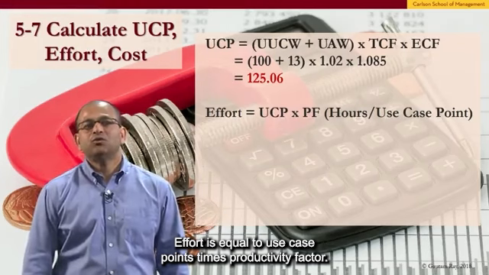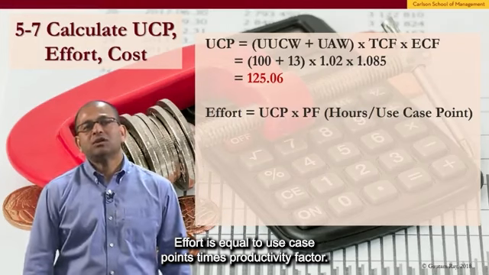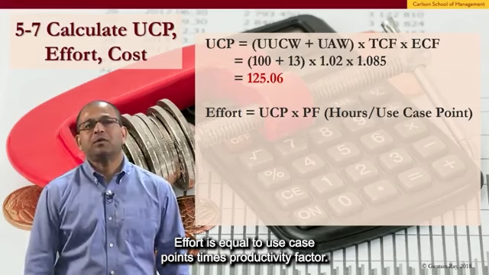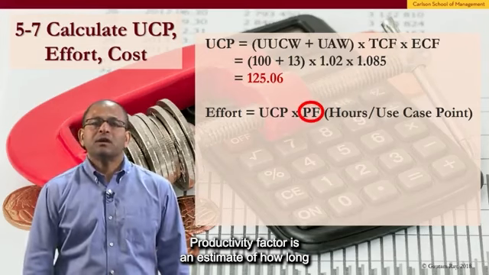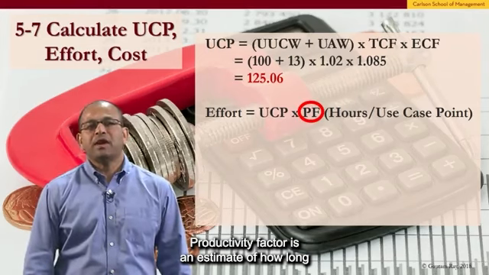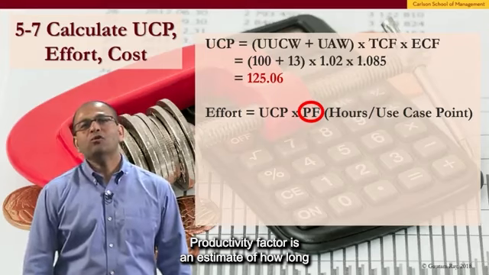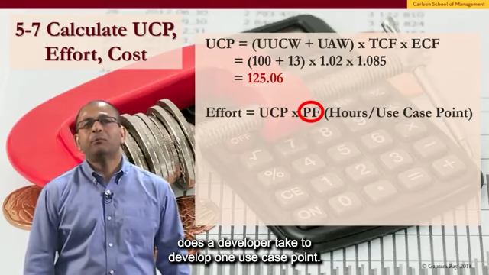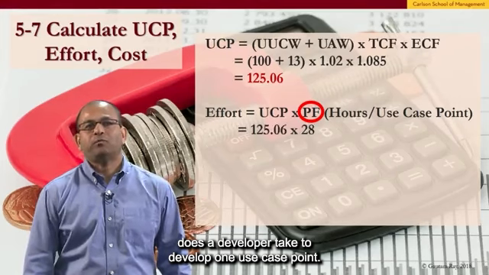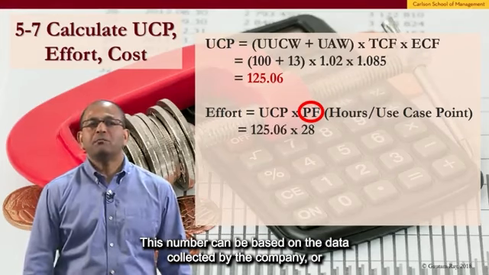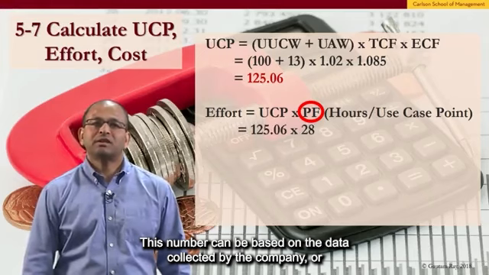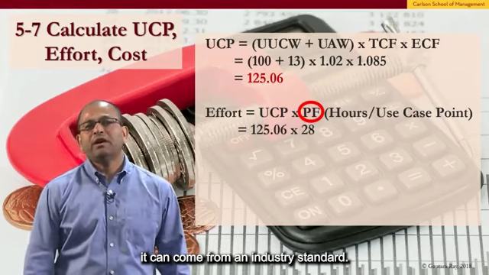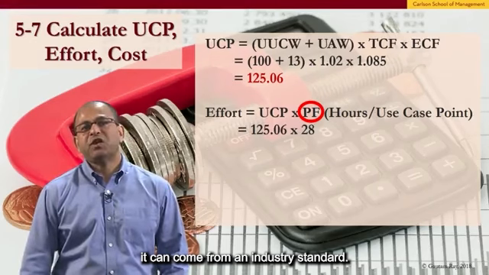Effort is equal to use case points times productivity factor. Productivity factor is an estimate of how long a developer takes to develop one use case point. This number can be based on the data collected by the company, or it can come from an industry standard.